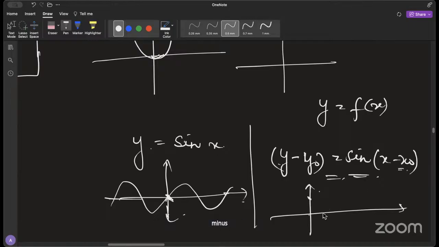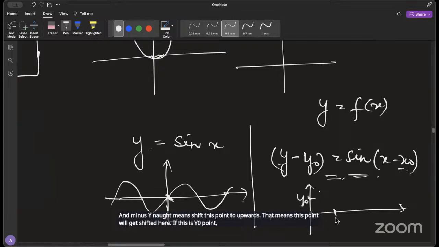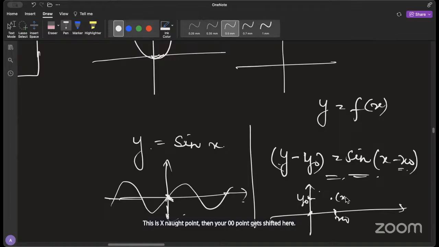Minus x naught means shift this 0, 0 point x naught units to the right. And minus y naught means shift this point upwards. So this point gets shifted here. If this is the y naught point and this is the x naught point, then your 0, 0 point gets shifted to x naught comma y naught.